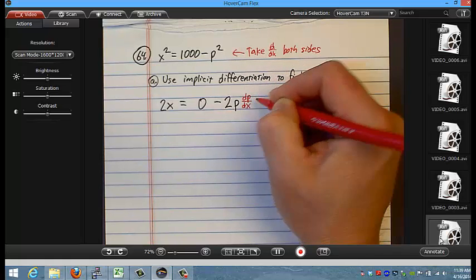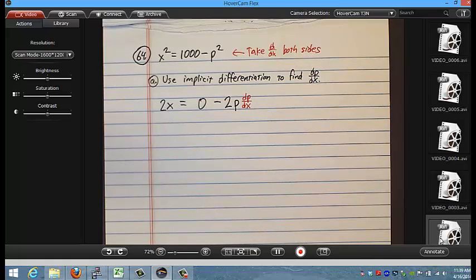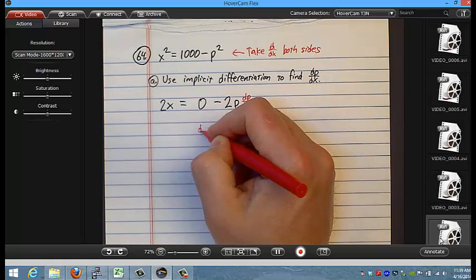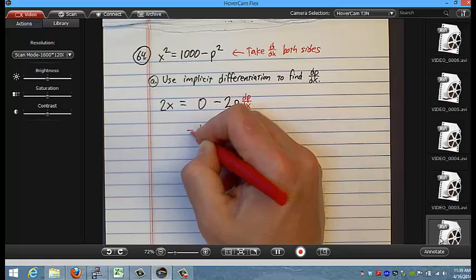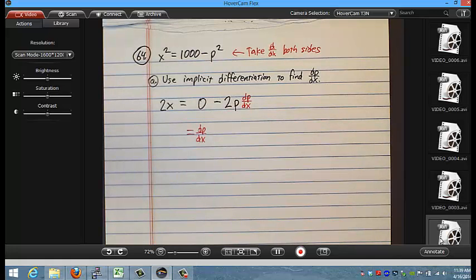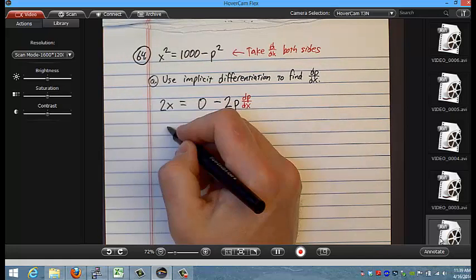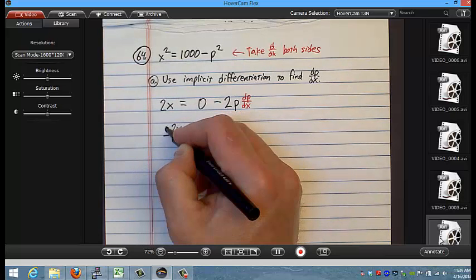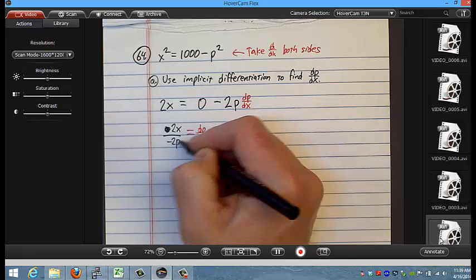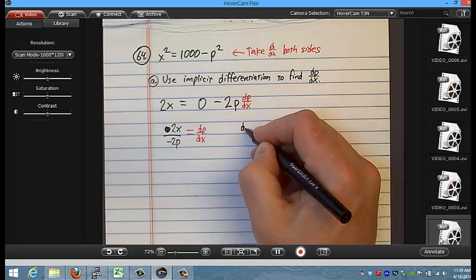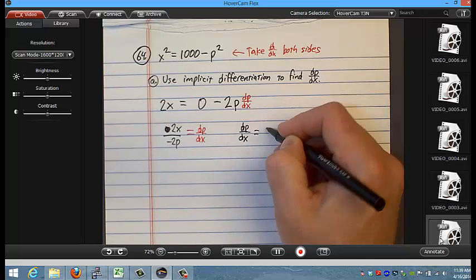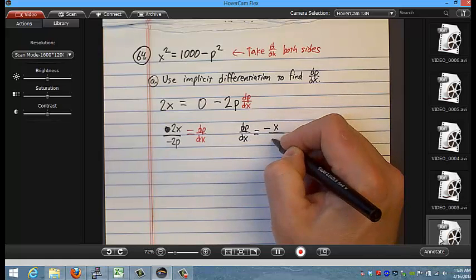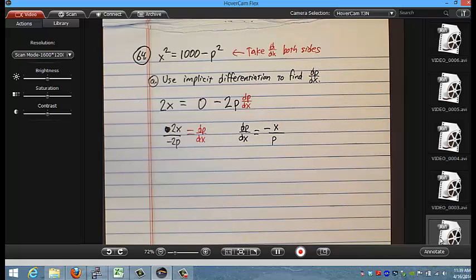That's what you need, dp dx. So dp dx is equal to, it's positive 2x over negative 2p. And so I would say dp dx is equal to negative x over p would be one way to write it.